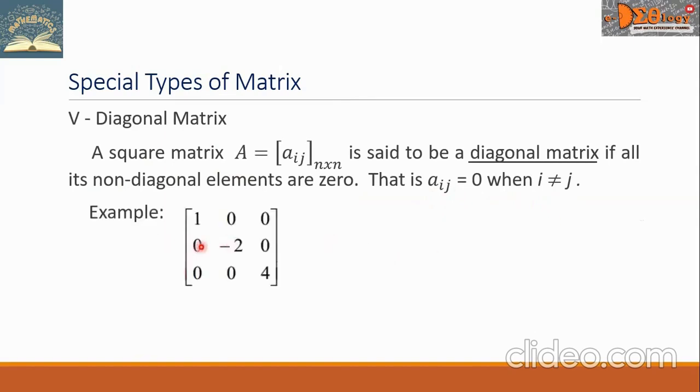Example, we have 1, 0, 0, 0, -2, 0, 0, 0, 4. We can see that the elements in the main diagonal are 1, -2, 4, and the remaining elements are all 0. This is a diagonal matrix of order 3.